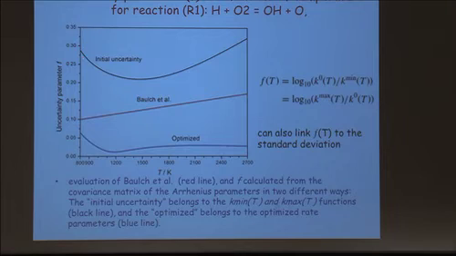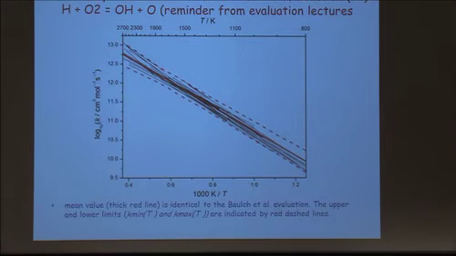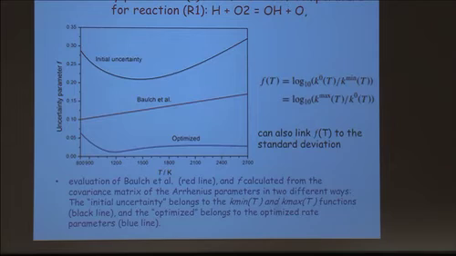So this is the initial range of uncertainties in the rate parameters, which he defines as this envelope here, which covers all of the good measurements that have been made. This is the uncertainty range proposed by Balch et al., just by sticking a finger in the air and guessing what a reasonable range of uncertainties is. And down here is the optimized set of uncertainties.